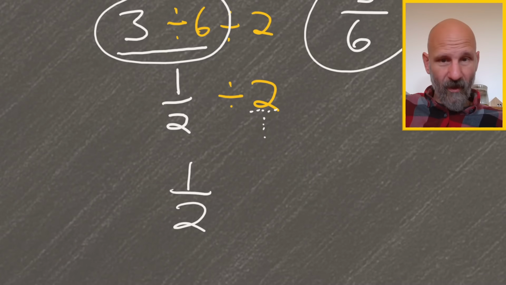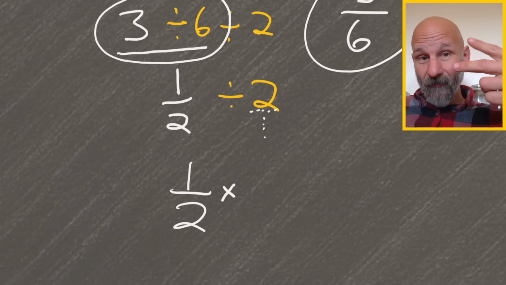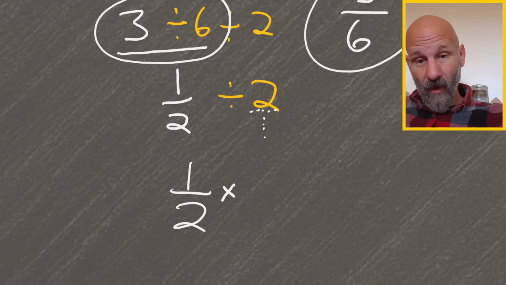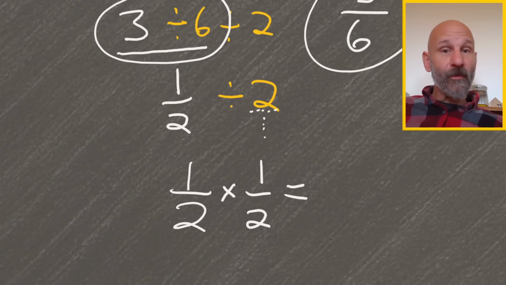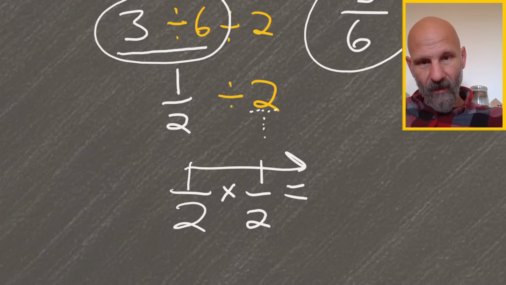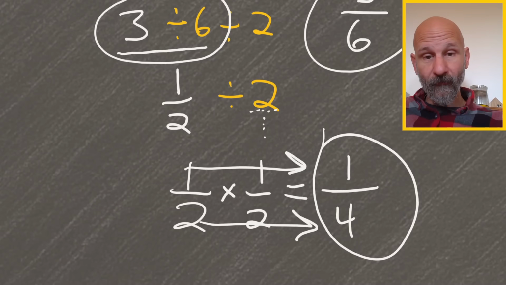So that's going to be a times. Now we flip the 2 over 1 and make it 1 over 2. Now we can go ahead and do the multiply of fractions. That's going to be 1 times 1 over 2 times 2, and there's our answer, 1 over 4.